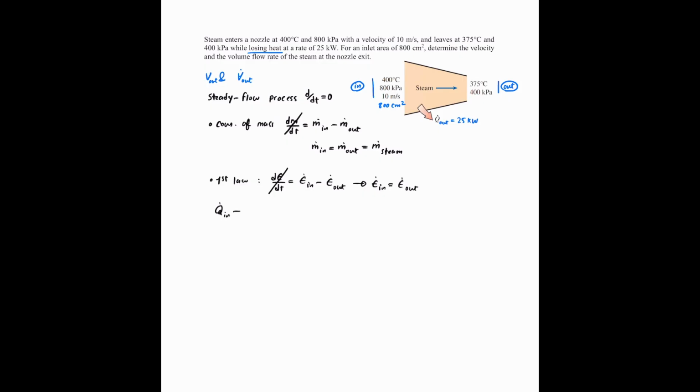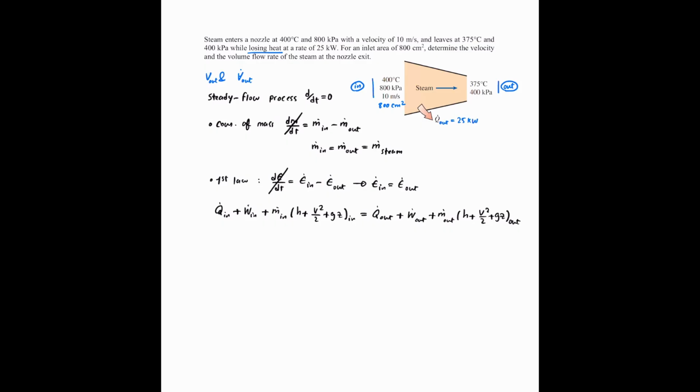Q dot in plus W dot in plus m dot in times enthalpy plus kinetic energy plus potential energy per mass at the inlet will be equal to Q dot out plus W dot out plus m dot out times enthalpy plus kinetic energy plus potential energy per mass at the outlet.